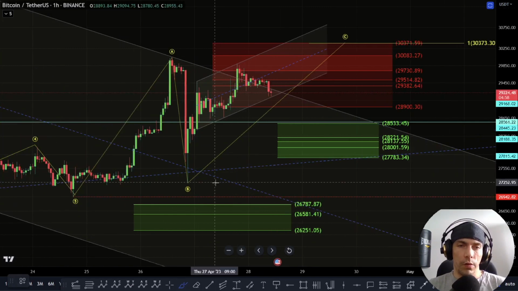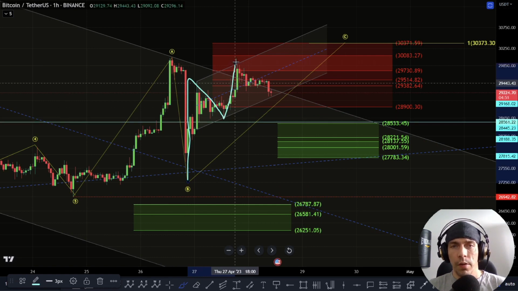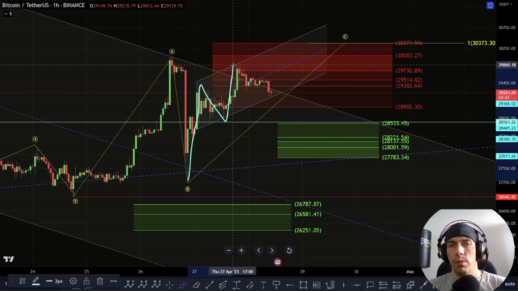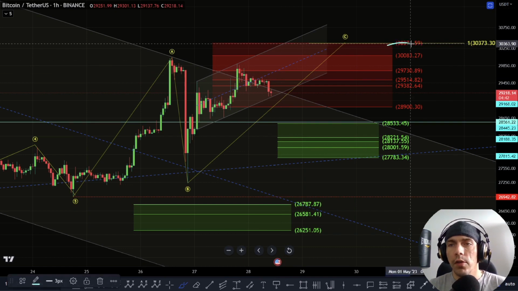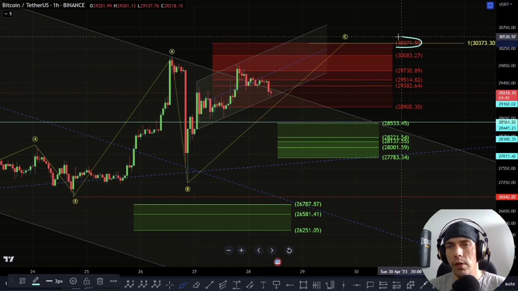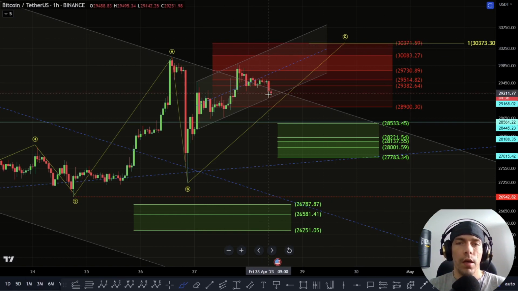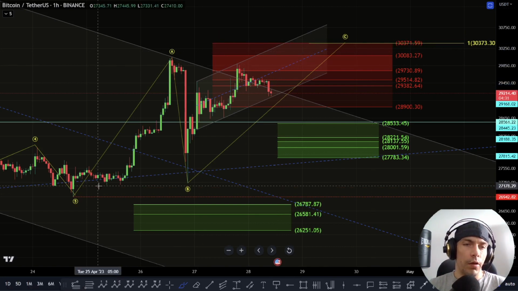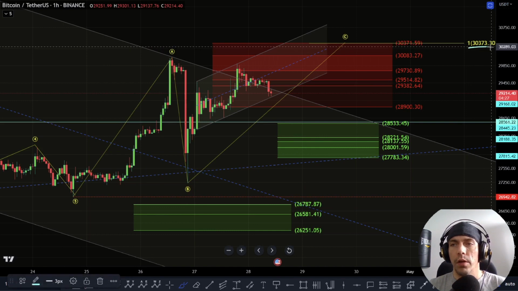It's possible that we could also argue this move is just A or W, X, and then this could actually be a Y wave, or alternatively, this could be W, this could be X, this could be A, B, and then C for a Y wave, in which case I would be looking potentially for a move up towards this 30,371 area. That would be a typical zone we'd be looking for as a one-to-one, and that would actually tie into the one-to-one of this move here as well, which would bring us up here.